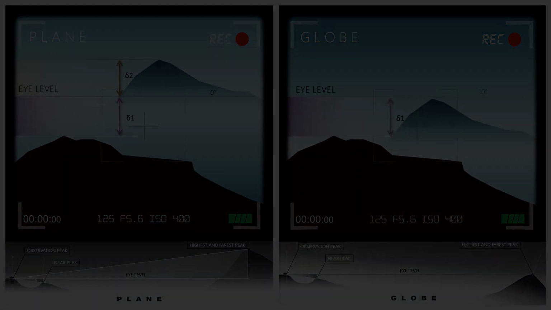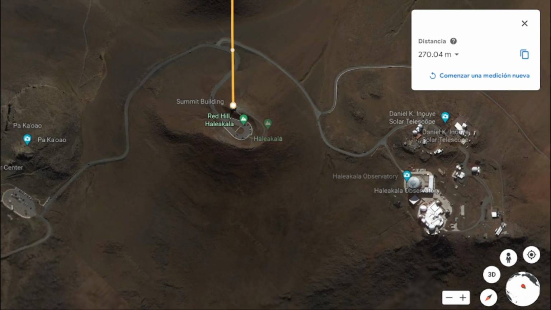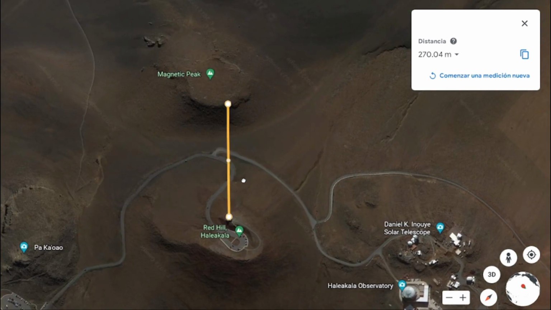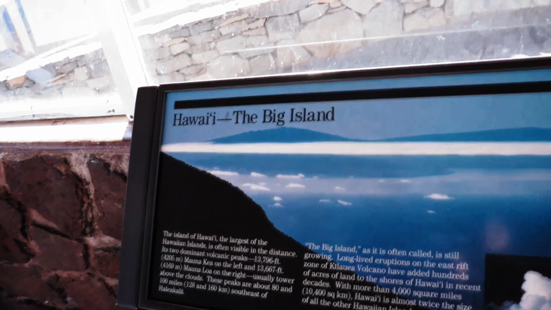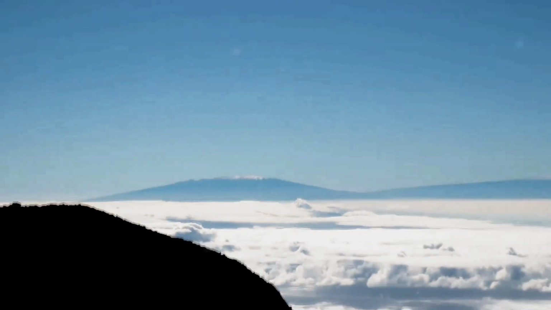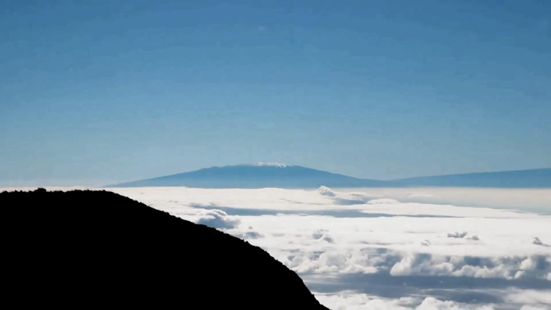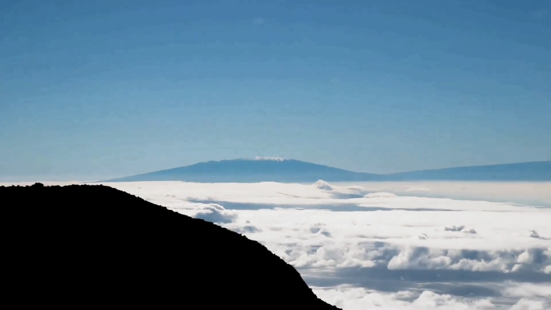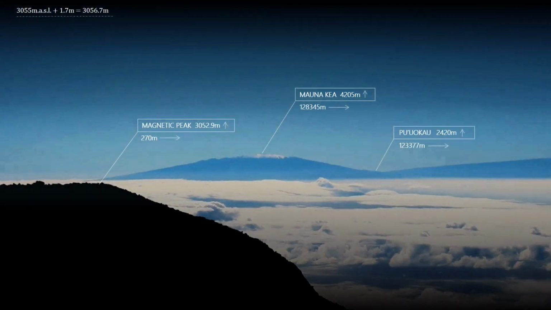Let's verify the reality captured by a lens located in the Haleakala 3,055 meters above sea level, in front of the south-southeast window of the observatory, with a height above the ground of 1.70 meters. And this is the panorama you get.